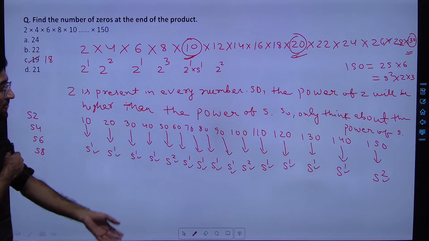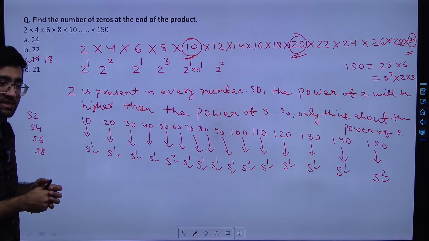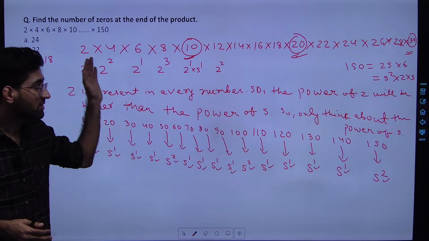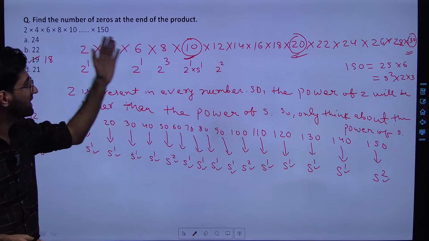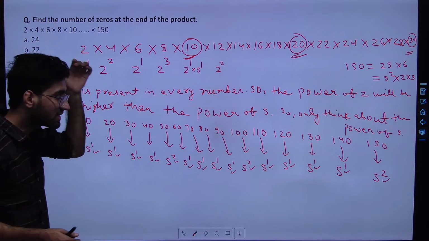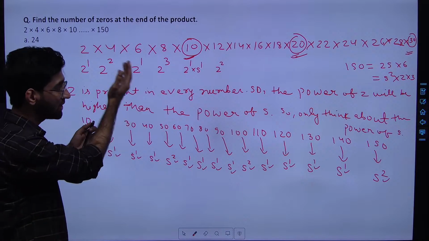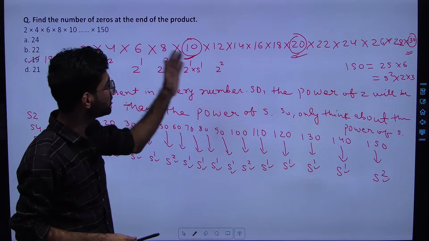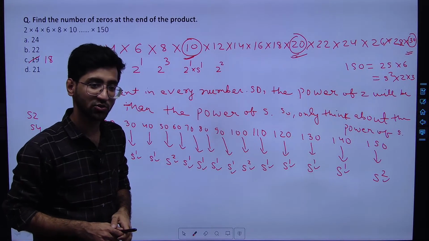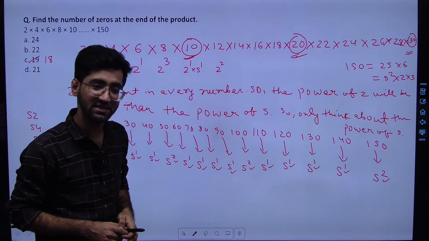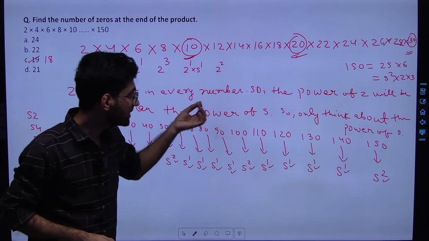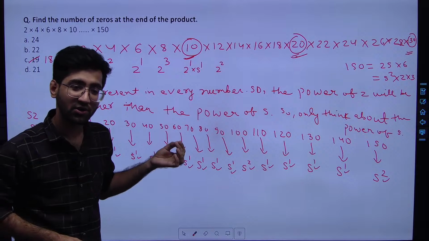So basically, what does this question teach us? This question teaches us that in this kind of question, when you see some linear calculations, there are chances that you will have to ignore at least one prime's power. See, in this case, we found that 2 is present in each case, right? That's why we were able to ignore the power of 2.